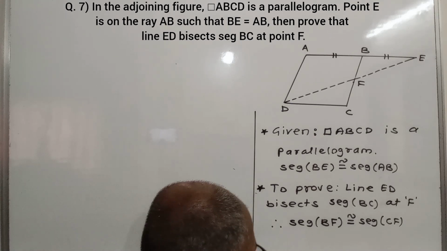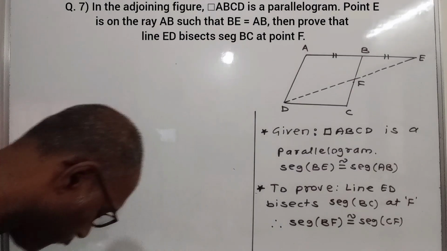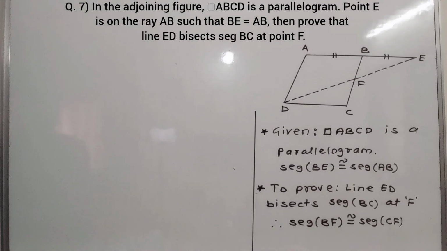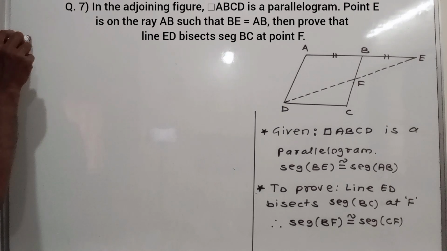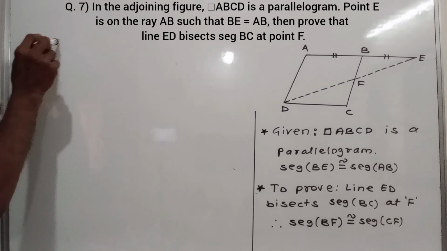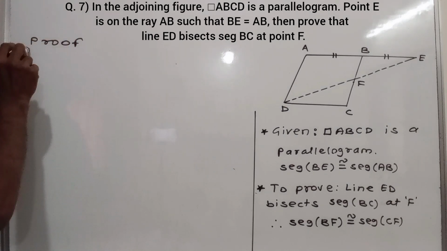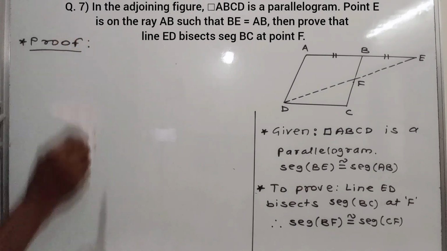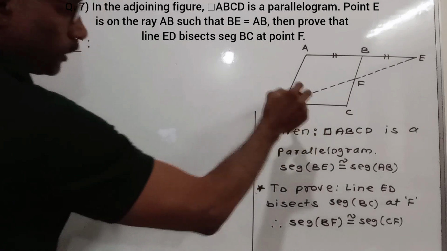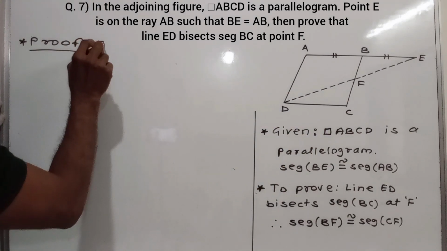Now, see this proof carefully. Very simple. Very, very important part. We know that quadrilateral ABCD is a parallelogram.